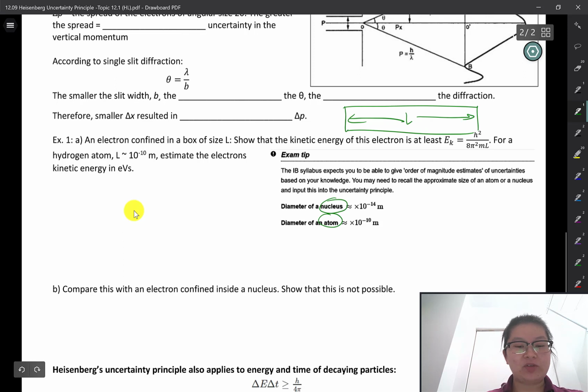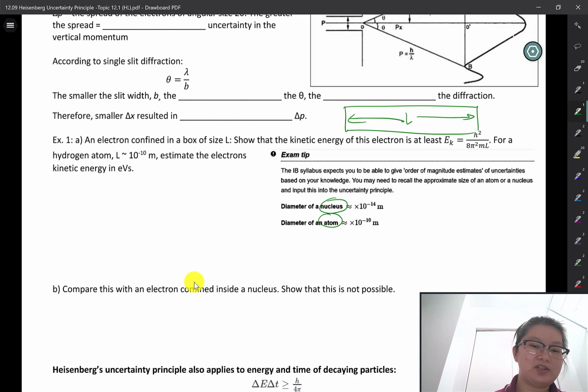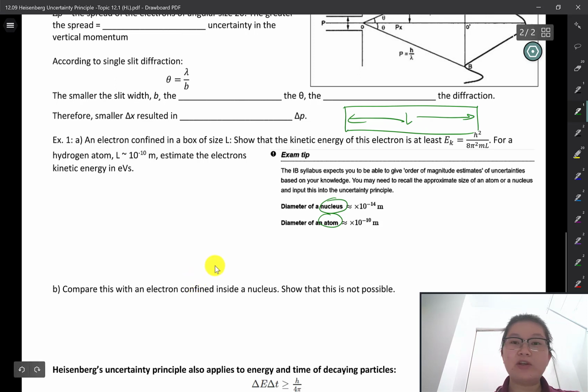Then in question B, we're going to show that if an electron is confined inside a nucleus, the uncertainty in its energy, or its kinetic energy, would be too great, so that it could potentially shatter the nucleus itself. The energy will be much greater than the binding energy of, say, a nucleus.